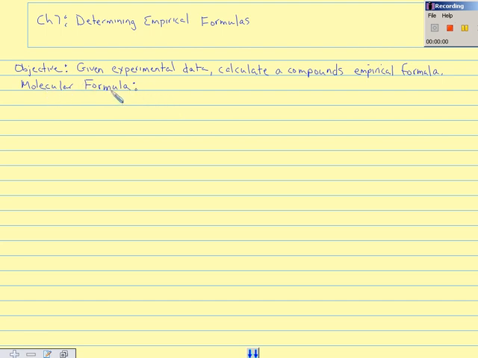If we have a molecular formula, this gives the real number of elements in a compound, and specifically in a molecular compound.